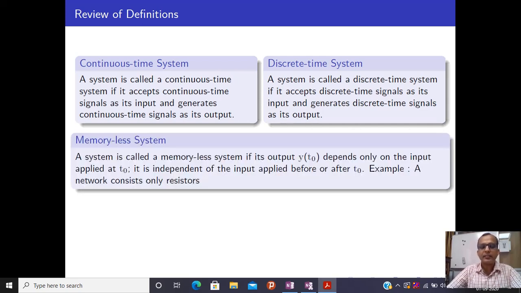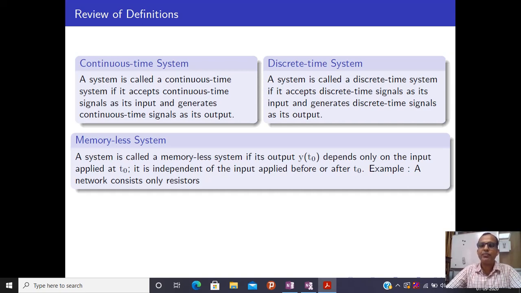The third definition is the memoryless system. A system is called a memoryless system if its output at time T0 depends only on the input applied at T0. It is independent of the input applied before or after T0.